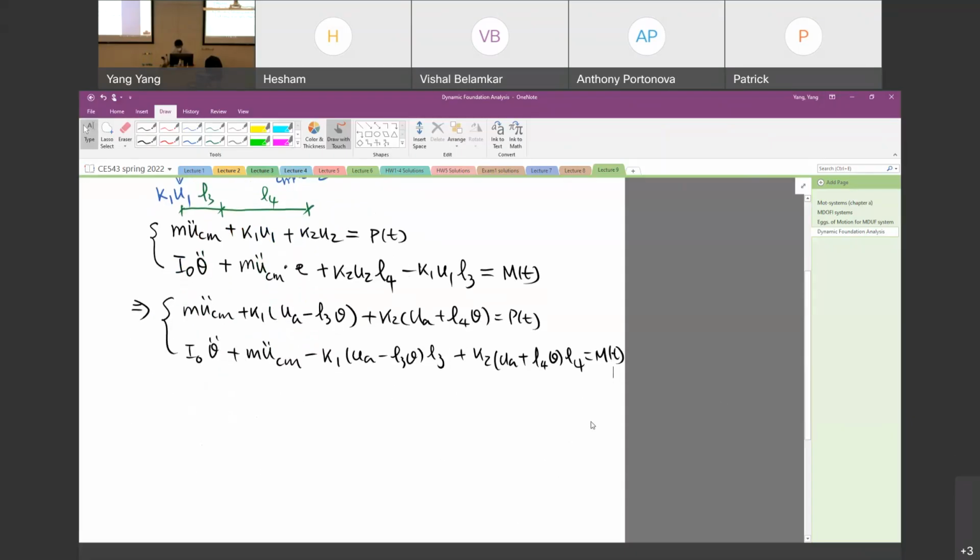Does this make sense? And then UCM is also related to UA, so we can go ahead and replace this too. We just rewrite it.